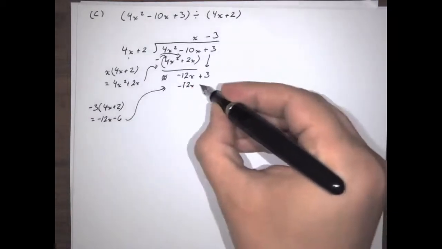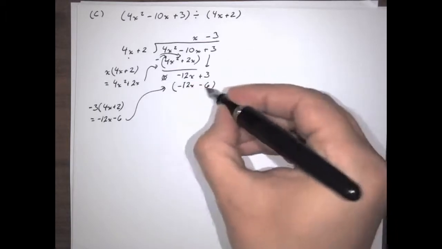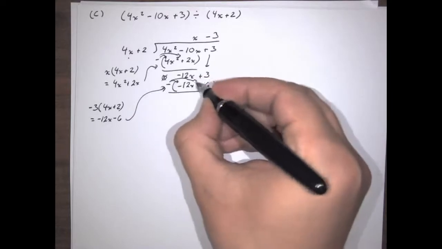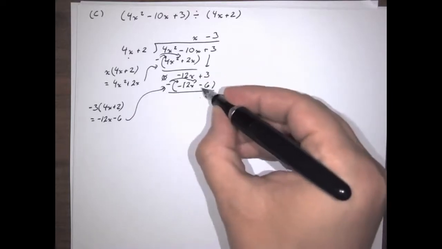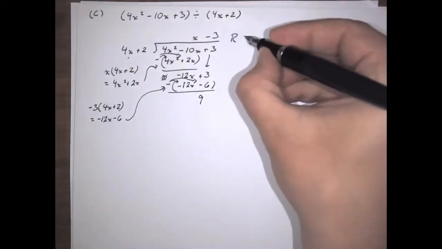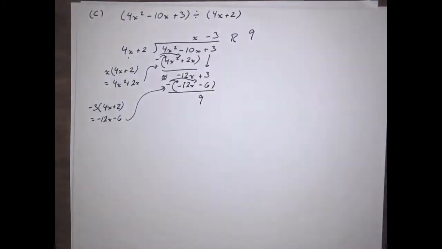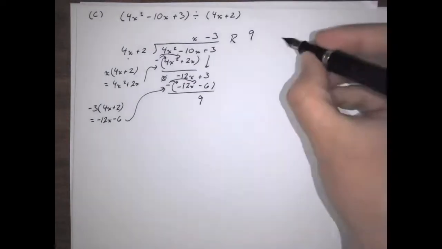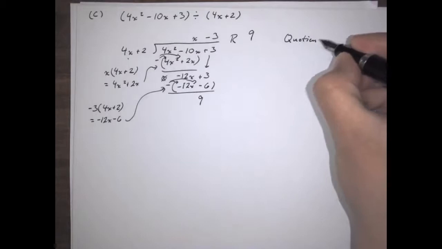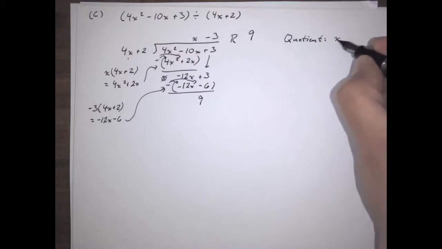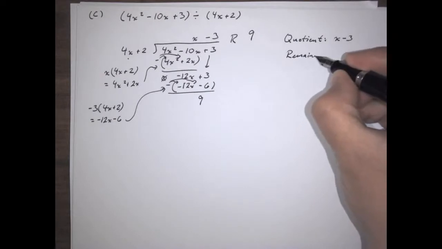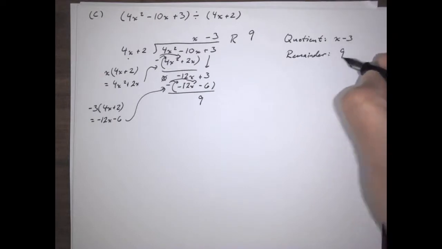Negative 12x minus 6, which we then subtract, which then means the negative gets distributed in, which then means that the negative 6 becomes a positive 6, which then makes a 9, which gives us a remainder of 9. So that gives us a quotient of x minus 3 and a remainder of 9.